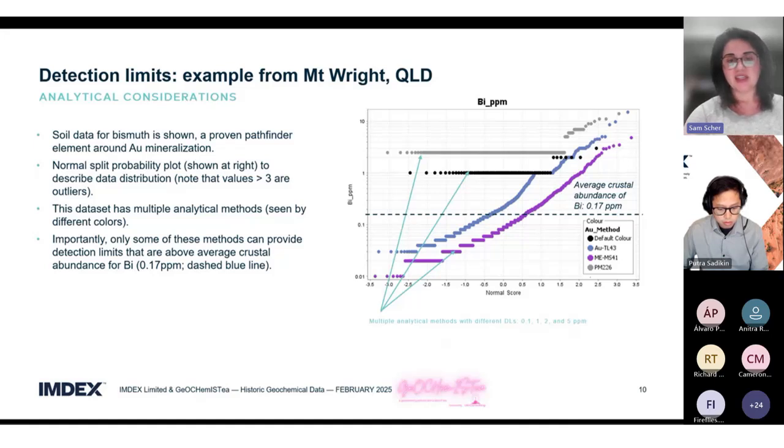And then above that, you see in the black and the gray how we're missing a lot of data, and we can't really see anything. And that's just because the detection limits were so high. But the average crustal abundance of bismuth is 0.17 ppm in that dashed line. So again, bismuth is a great pathfinder element for gold in this system. And if you're unable to get your bismuth in a way that matters, then why are you even bothering analyzing your sample? Next.